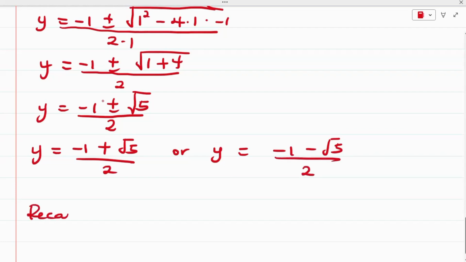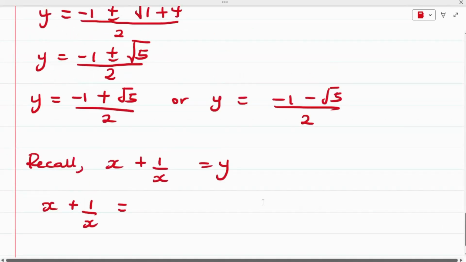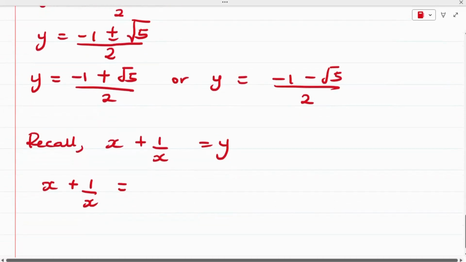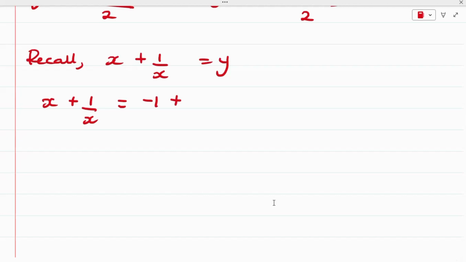But we want to simply recall that we said that let x plus 1 over x be equal to y, and now we have been able to have the value for y. So putting in the value of y into this equation, we have x plus 1 over x is equal to, now picking the value for y, I'm just going to take one value for y, so I'm going to make use of minus 1 plus the root of 5 over 2. So putting that into this equation, I have minus 1 plus the root of 5 over 2 right here.